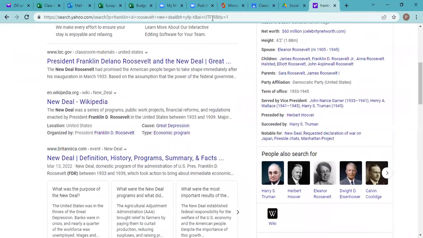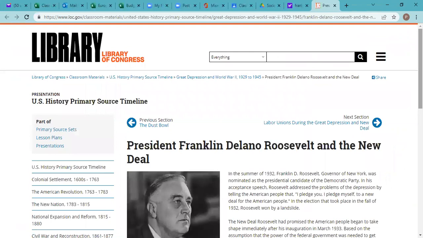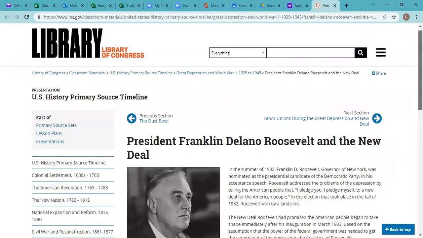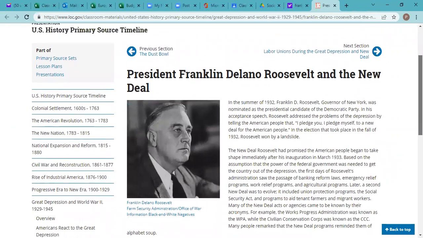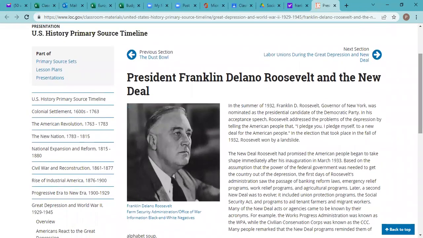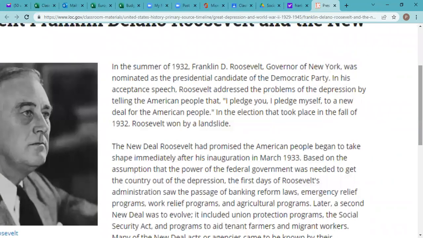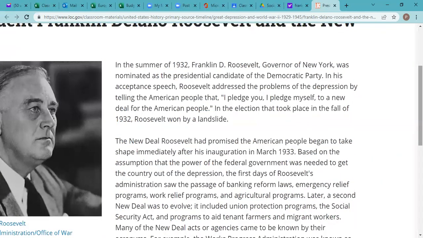Here's a .gov, Library of Congress, so it should be pretty reputable. It says here, President Franklin Delano Roosevelt and the New Deal. In the summer of 1932, Franklin D. Roosevelt, who was the governor of New York at this time, was nominated as the presidential candidate of the Democratic Party.